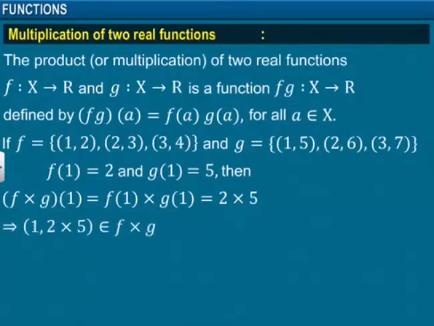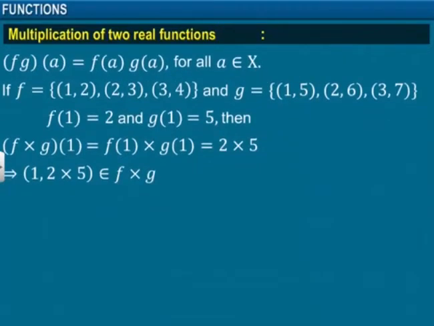Similarly, you can get two more ordered pairs. Hence, set f multiplied by g has three ordered pairs: (1, 10), (2, 18), and (3, 28).